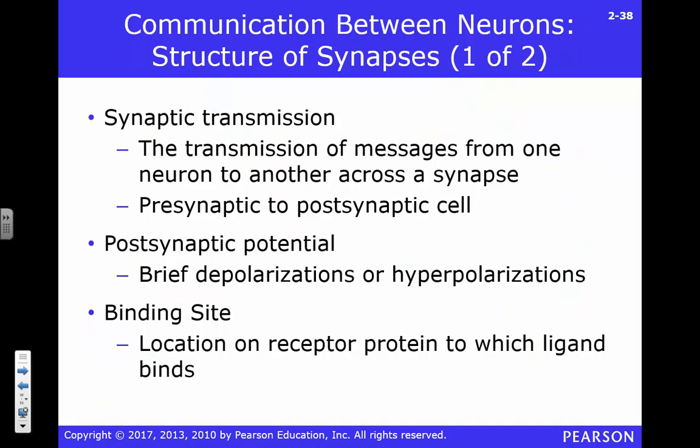Now we've got to talk about two things, and we're going to talk about the two things simultaneously. Either, and it doesn't matter which one you think about, how this neuron is telling another one what to do, or how it was told what to do. Works the same way, right? There's going to be communication between neurons. We call this synaptic transmission.